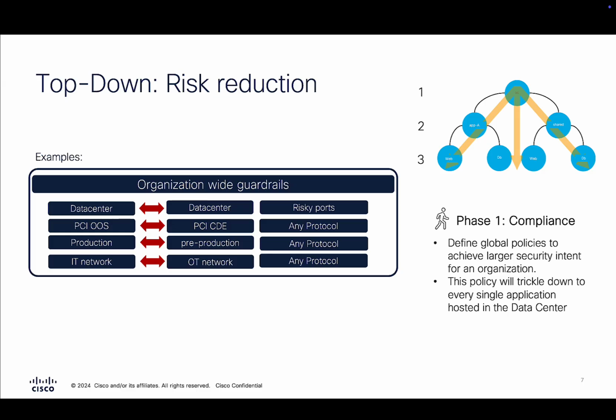The IT network should not be talking to any OT network. So those are examples of high-level infosec guardrails that you can define right at the top, and then the entire enterprise has to adhere to those high-level policies, reducing the risk right at the get-go.